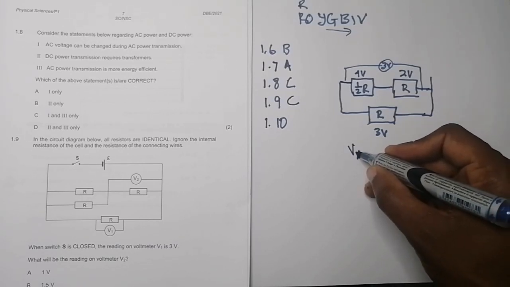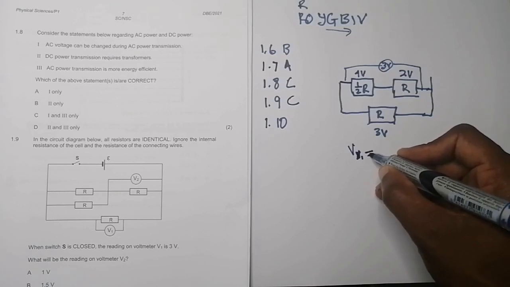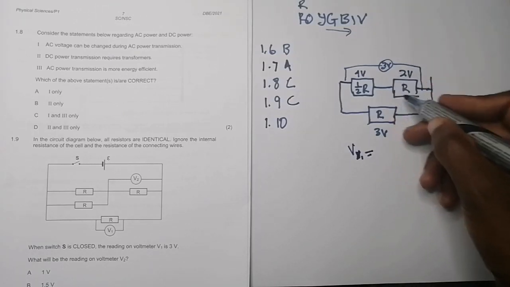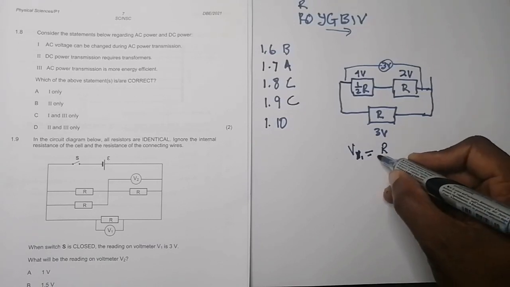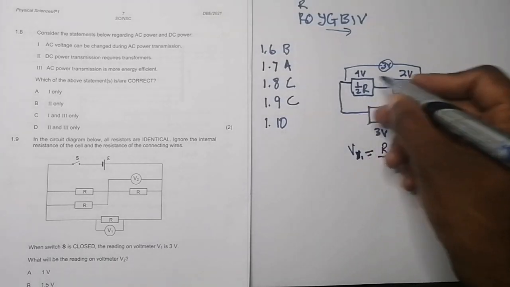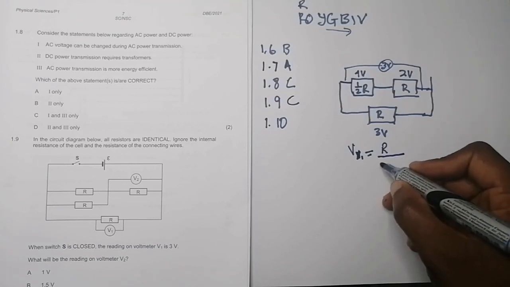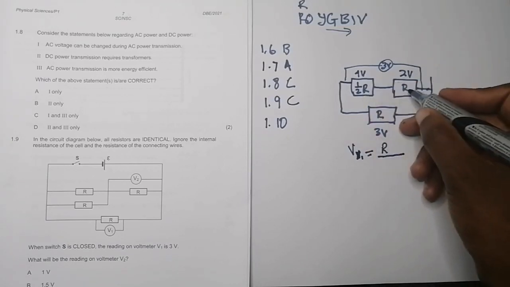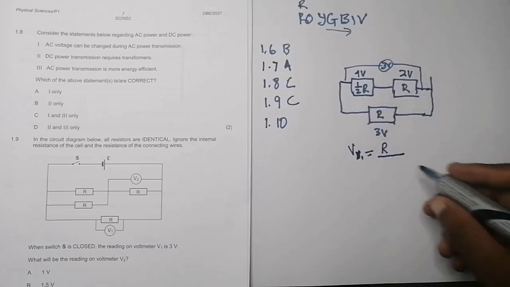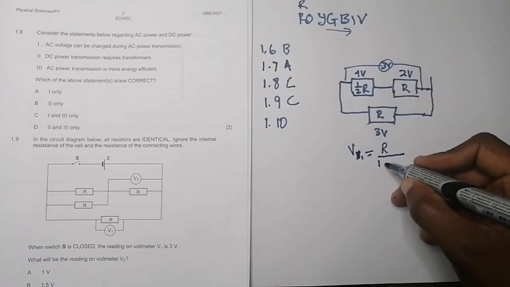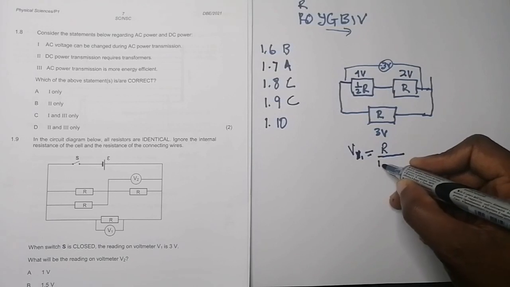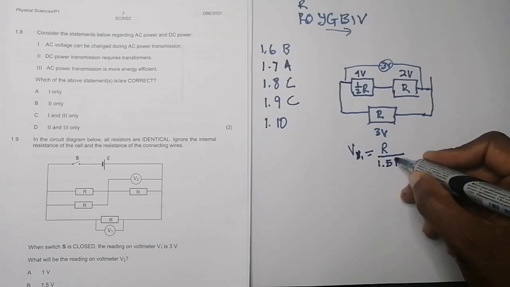The voltage V1 would actually be the resistance that it is measuring across, so it's resistor R, divided by the sum of the resistors. So in that case, you'd have a half of R plus R, which is 1.5. Okay, so 1 plus a half, that should be 1.5 of R.